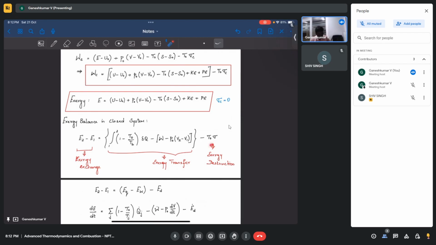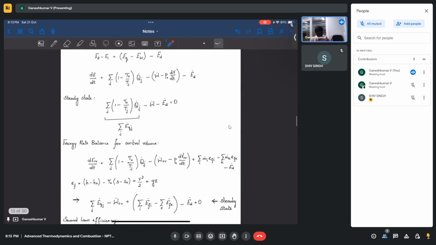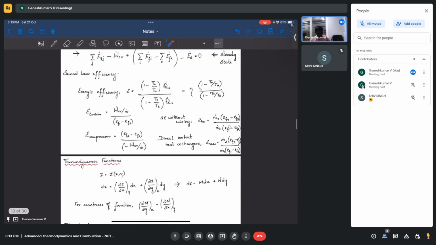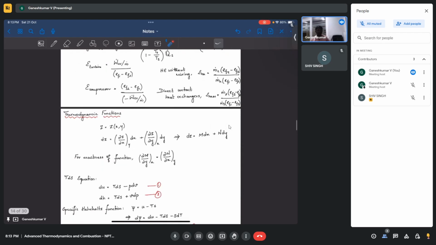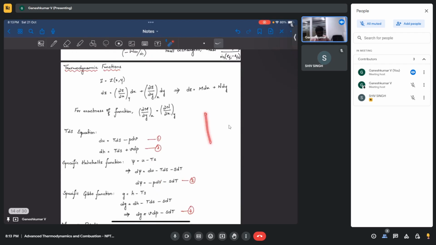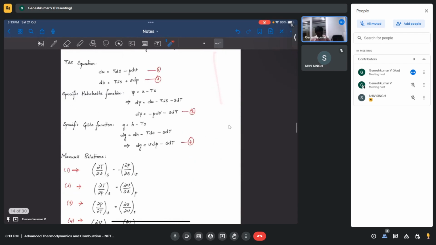So entropy contribution also comes into the picture, and then we define something called second law efficiency, which tells which is the more efficient way, which gives lesser entropy change, or in which you use a lesser amount of exergy. So those are the concepts we studied, and then thermodynamic functions.